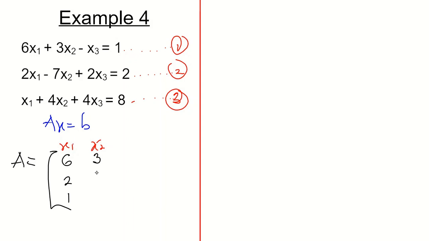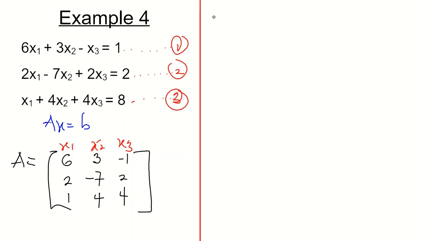The x2 coefficient in equation 2 is minus 7. The x2 coefficient in equation 3 is 4. And then the last one, that is x3. The x3 coefficient in equation 1 is minus 1. The x3 coefficient in equation 2 is 2. The x3 coefficient in equation 3 is 4. So this is the matrix of the coefficients.